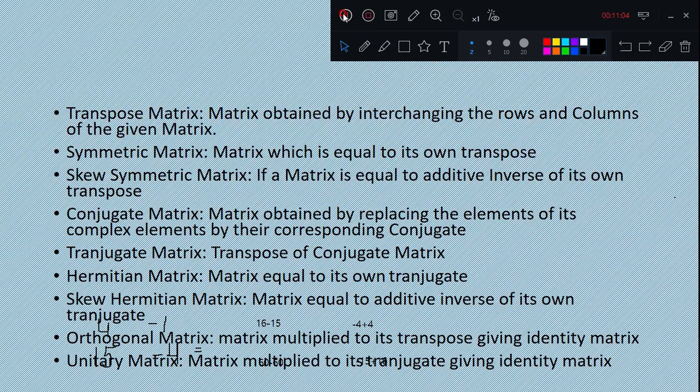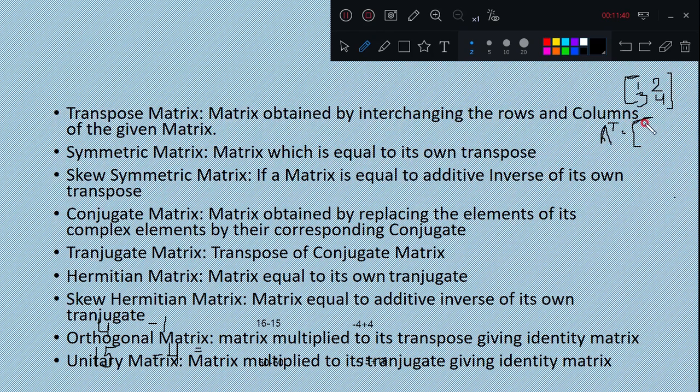Now, transpose matrix. The matrix obtained by interchanging the rows and the columns of a given matrix is termed the transpose of the matrix. Say, for example, I have a matrix 1, 2, 3, 4, and I name it matrix A. Now A transpose is represented by A with superscript T. A transpose is a matrix interchanging the rows into columns.